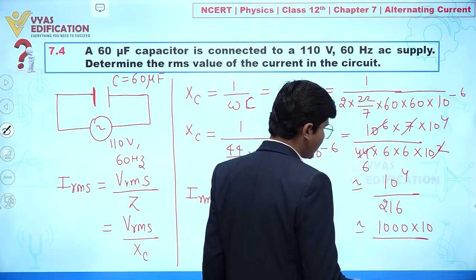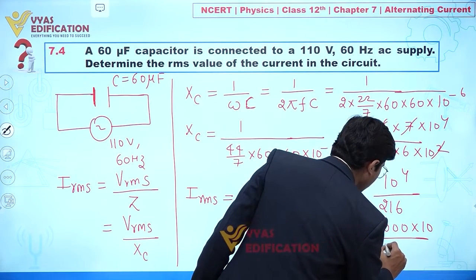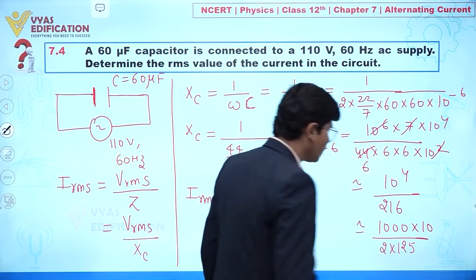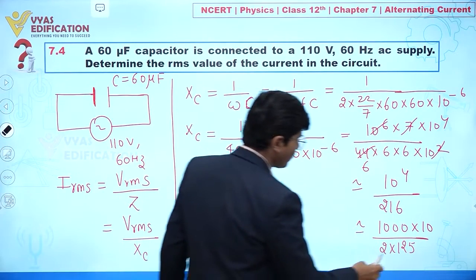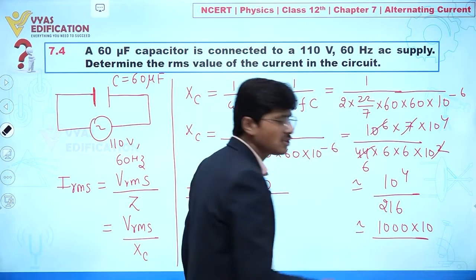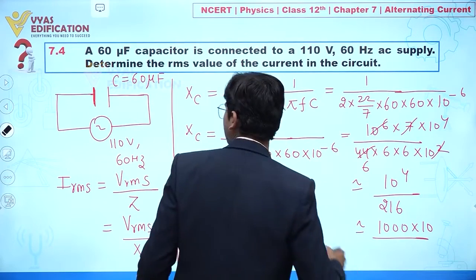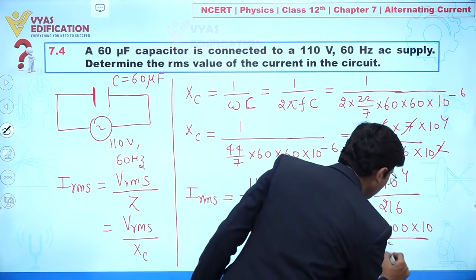So we can write this as 215, or near about you can take 220, it will be better for you. So I am taking this as 220.